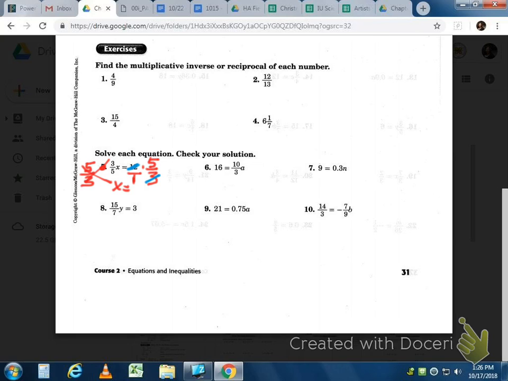So the 12 and the 3, what would the 12 become? 4, and the 3 becomes 1. So now you got to multiply straight across. 4 times 5 on top, 20, and then 1 times 1 on the bottom. And Mason, what does that simplify to? 20.